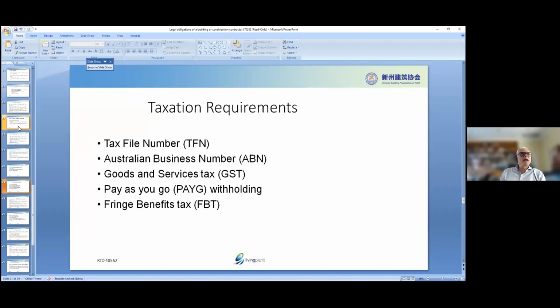So you need to have good accounting advice and follow that advice. Even if you're a small operator, I recommend that you have a good accountant to do your books, to do your work for you when it comes to taxation requirements. You have enough to focus on running a building company. The more things you put on top of you, the more chance you're not going to be able to do all of it correctly.